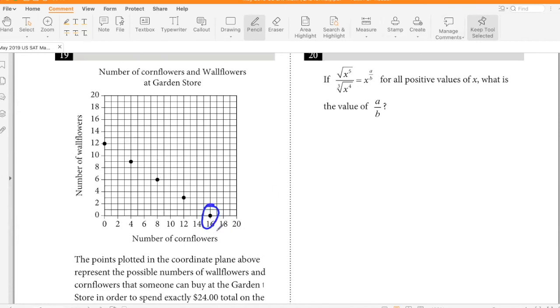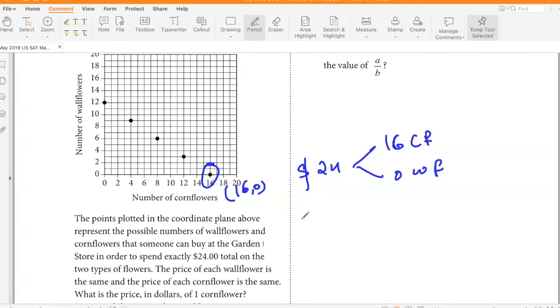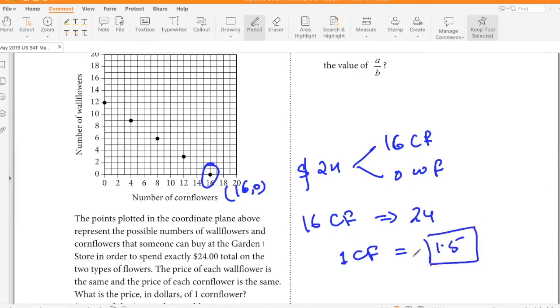So basically, this is (16, 0), which means that for $24, I can get 16 cornflowers and 0 wallflowers, right? So that means that 16 cornflowers cost $24. So 1 cornflower will cost $1.5. So the price of 1 cornflower is 1.5.